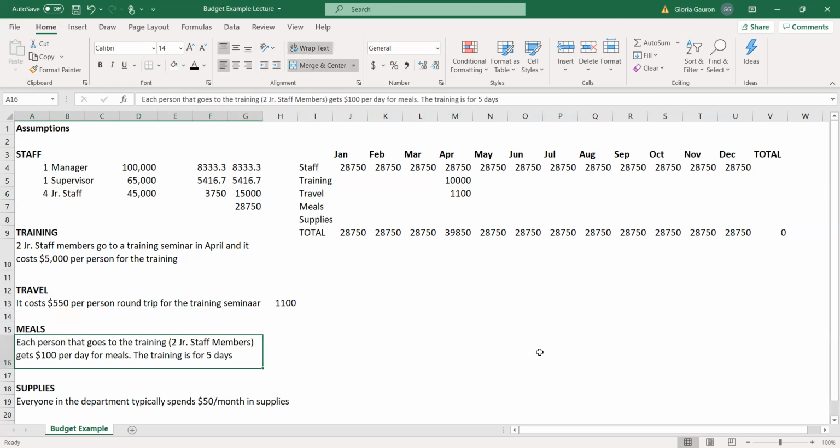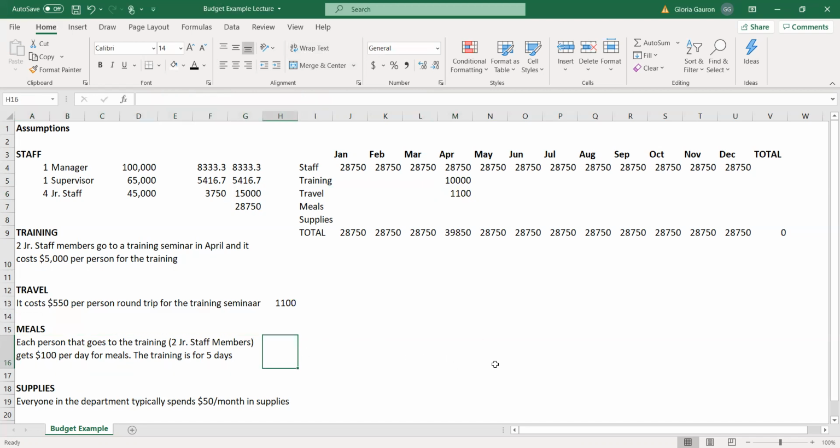Now for meals, each person that goes to the training seminar, 2 people, will receive $100 per day for meals. Now the training is for 5 days. So you can go down here and do your calculations. For the one person, if they get $100 per day for 5 days, that's 500.